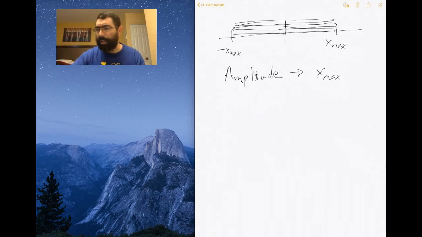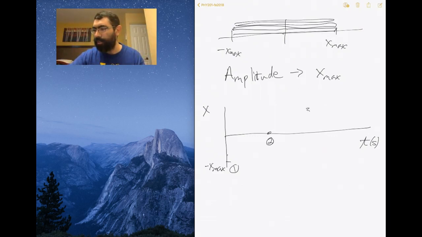If we now were to plot it in terms of time, so now we're plotting x, we're starting at minus x max at time 1, and then at 2, we get to x equals 0, and at 3, we get to positive x max, and then at 4, we return back to the equilibrium position of 0.